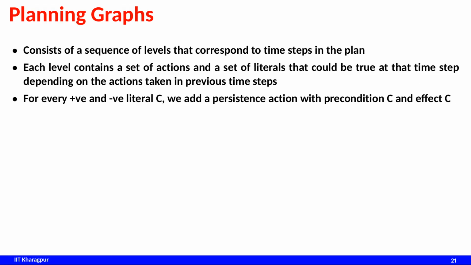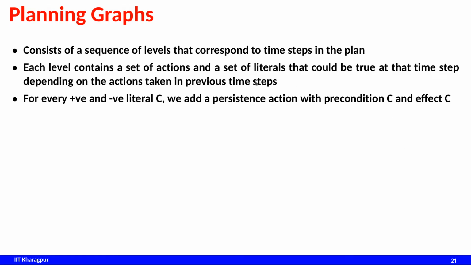So in planning graphs, what we'll be doing is creating a sequence of levels. In one level I'll have the set of actions, and in another level I will have the set of literals, and that will keep on unfolding over the different levels, which will be clear once we go into an example.